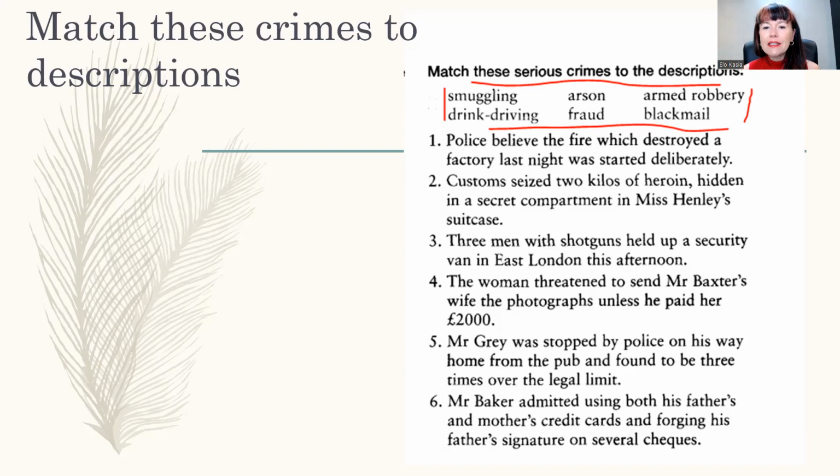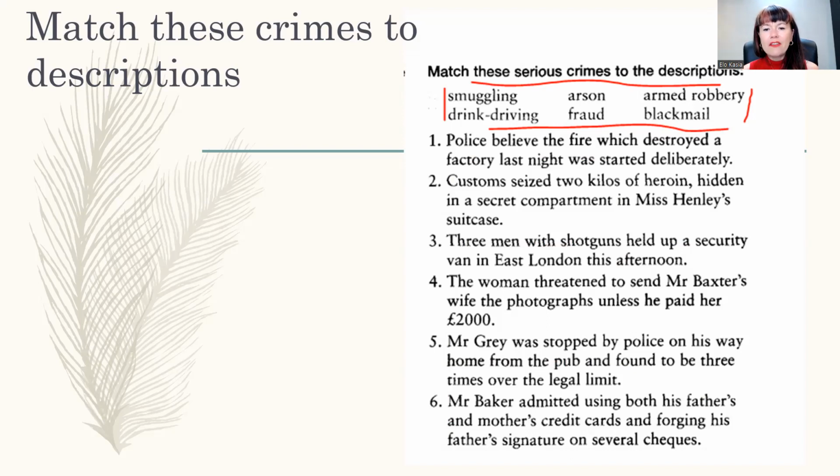Number two, customs seized 2 kilos of heroin hidden in a secret compartment in Miss Henley's suitcase. Can you find the correct definition for this one? Number three, 3 men with shotguns held up a security van in East London this afternoon. This was the one that was giving us trouble on the previous slide.